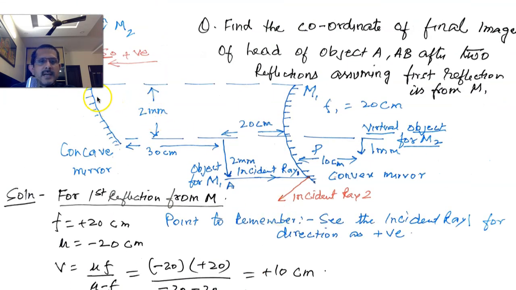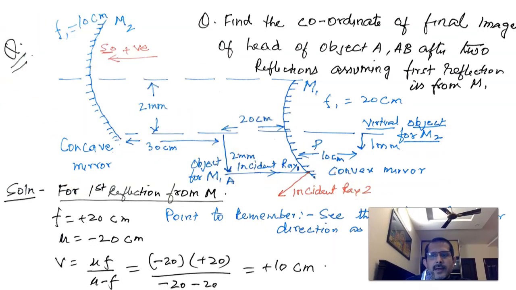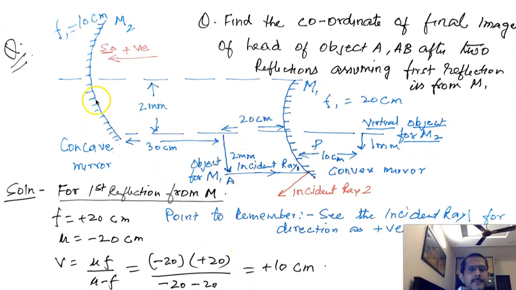Now, this is a pretty good question, and let me first adjust this so that, okay, here it works best. The question is, we have two mirrors, one is concave mirror, the other is convex mirror. This time they are saying find the coordinate of final image of head of object A. Remember, in the last question it was a point object, but now this object has some height as well.